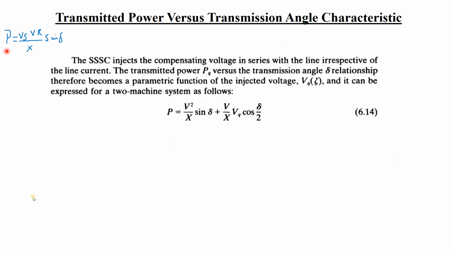Suppose the voltage drop is Vd per unit. Voltage drop, that means Vs minus Vr is Vd, but that Vd will be supplied by the SSSC that is connected in series. That means it will inject some voltage.